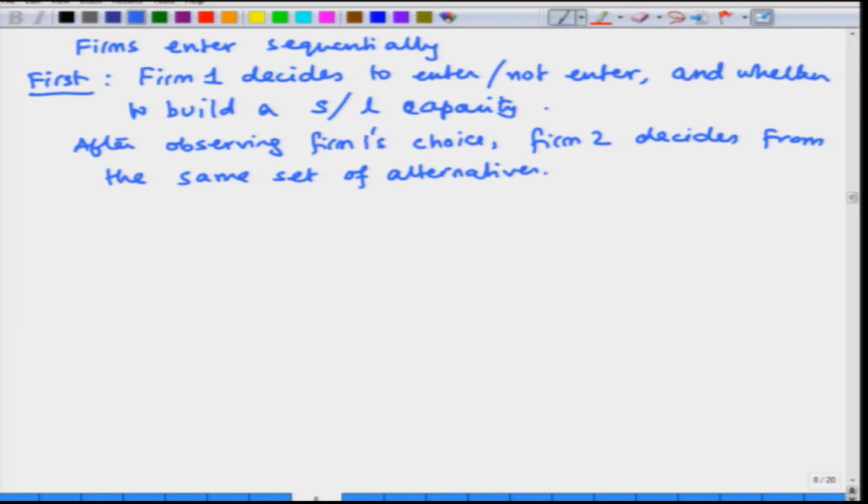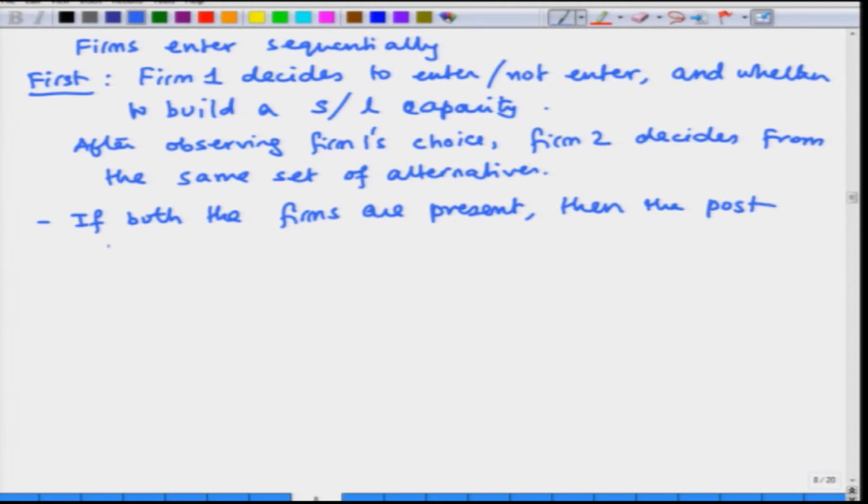Now, in stage 2, if both the firms are present, then they play Cournot, the post entry competition. Post entry competition is Cournot, right.